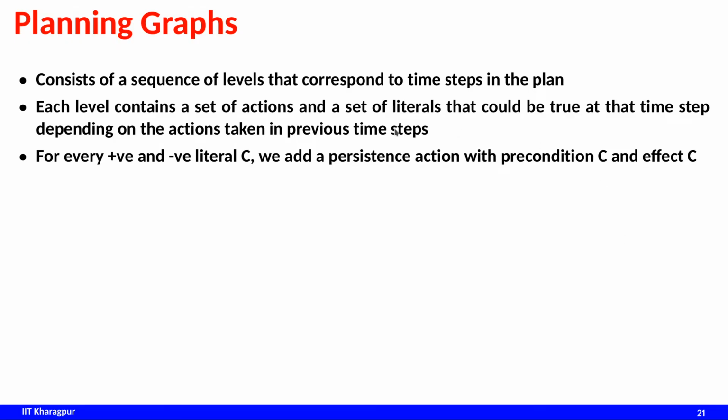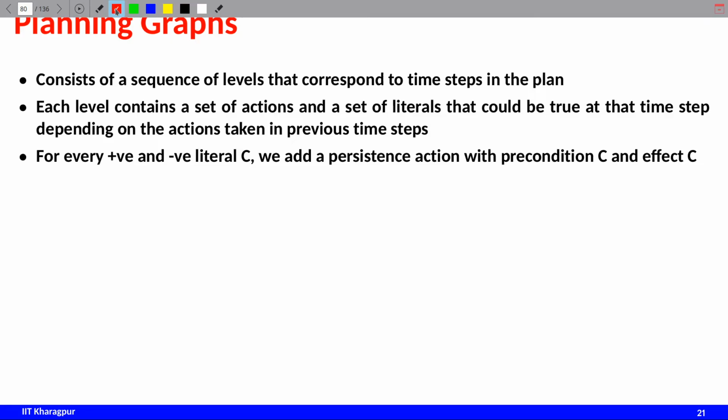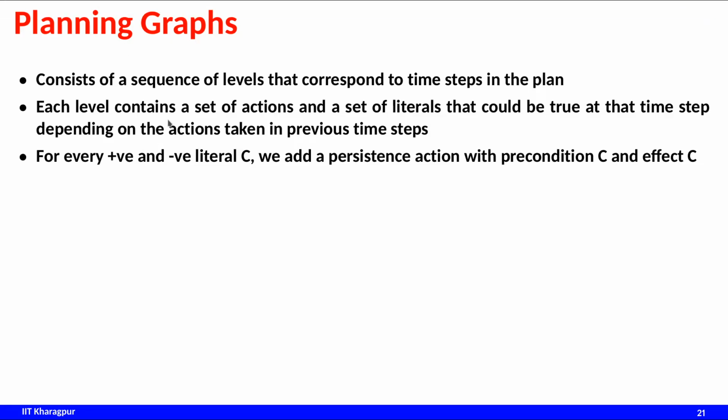The thing I would like to highlight is that it will contain levels of a set of actions and a set of literals. The set of literals basically denotes the states, and when we apply an action on the set of literals, it will create new states, and that will keep on unfolding over time.